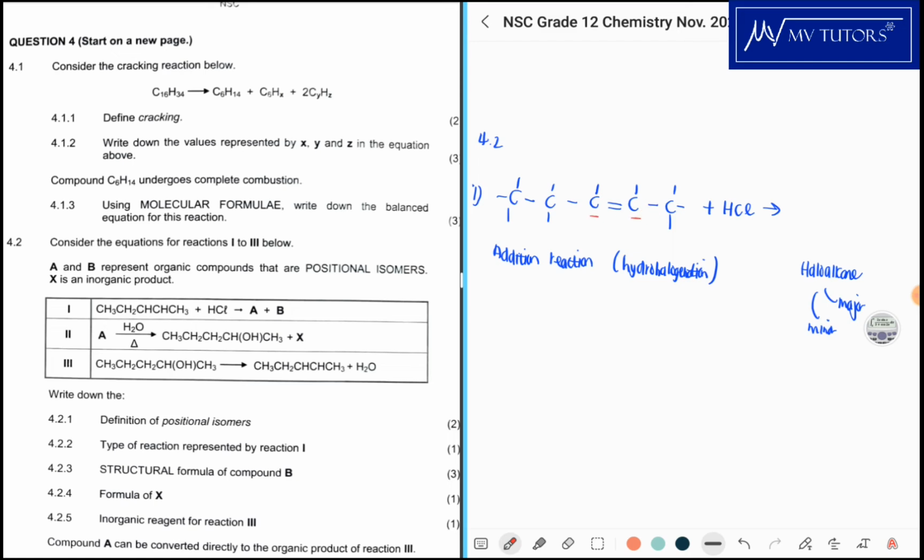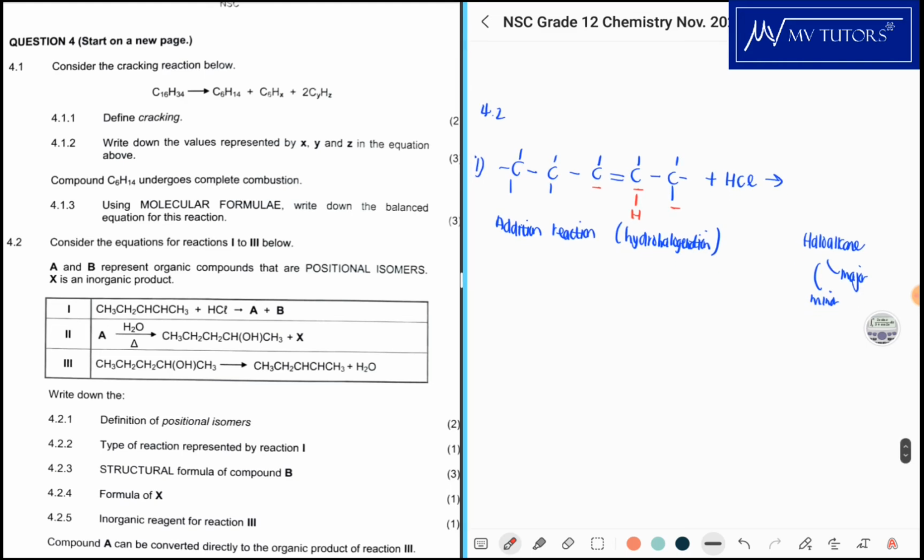So let's go to the next one. That carbon has 3. So I know that I'm going to place my hydrogen over here. That is my major product. I don't have space, so I'm just going to say the major product, and this will be plus the minor.